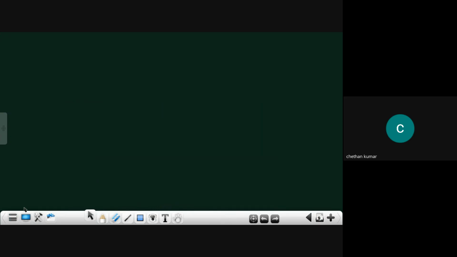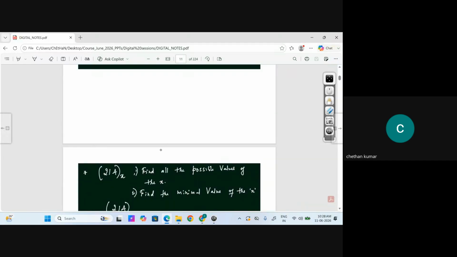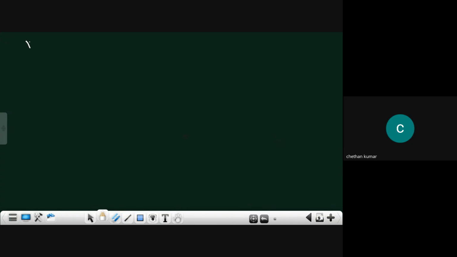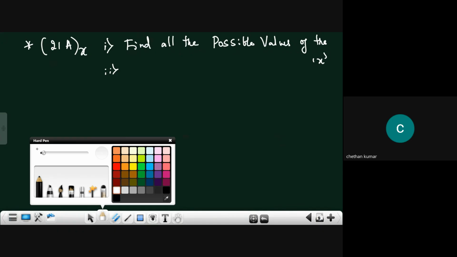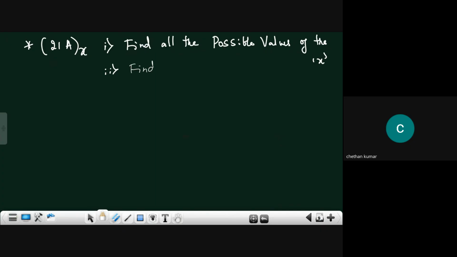What is the question? 21A with base X. Find all the possible values of X. My question is 21A of X. First question is find all the possible values of X. The second question is find the minimal value of X.